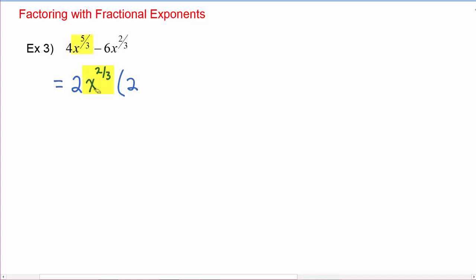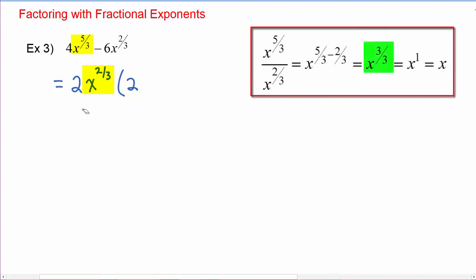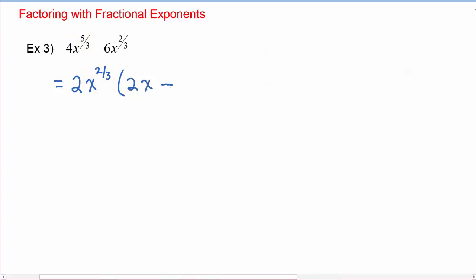X to the 5/3 divided by x to the 2/3 is x to the 3/3, which is x to the 1. Then we have our minus sign there. 6 divided by 2 is 3, and x to the 2/3 is what we factored out. And there we have it. 2 times x to the 2/3 times the quantity 2x minus 3.